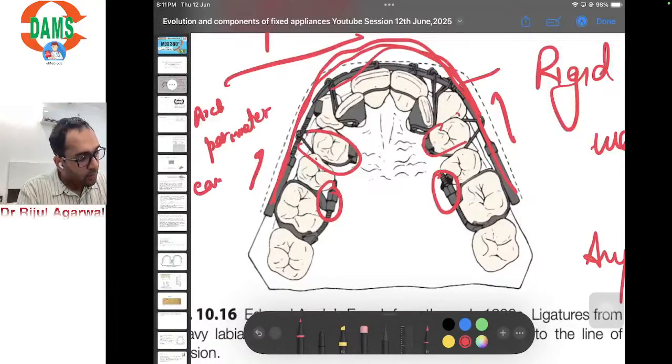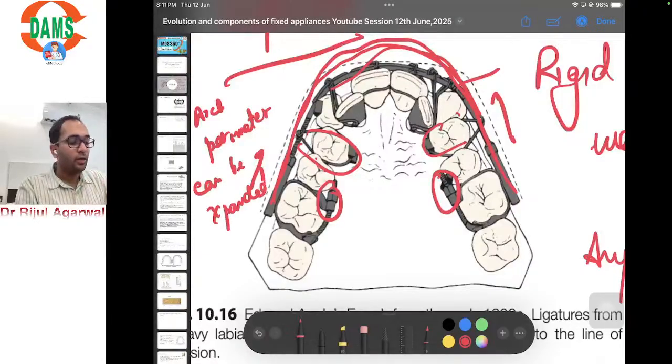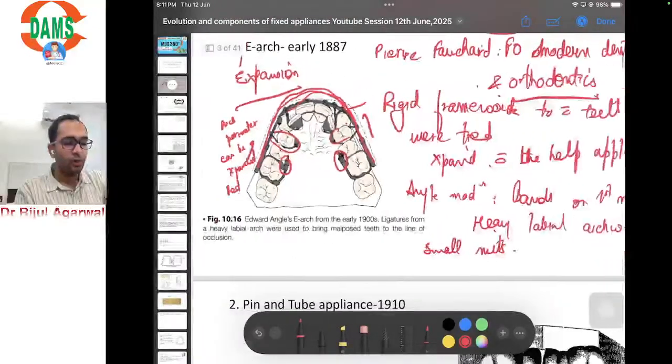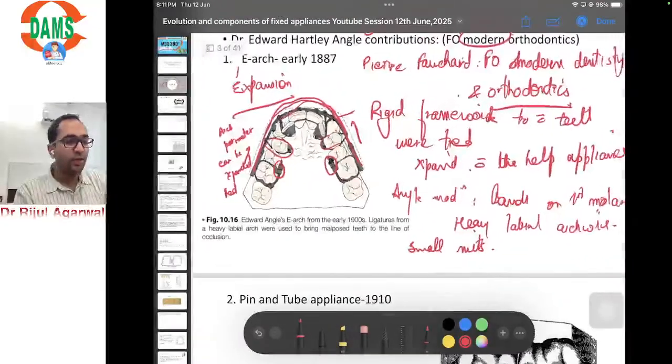The arch perimeter can be increased. So this was the second modification done by Angle, by placing small nuts.